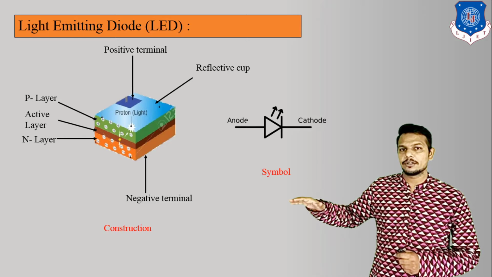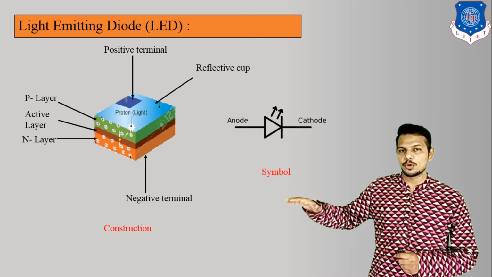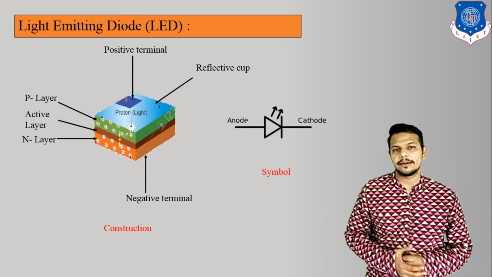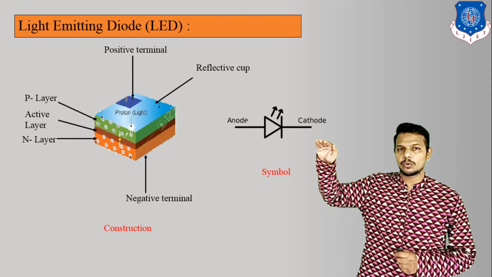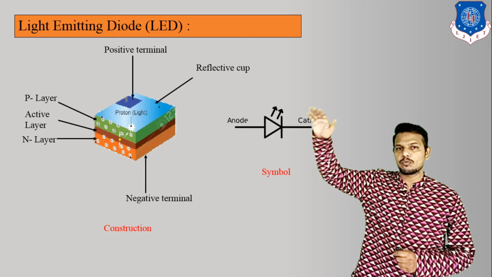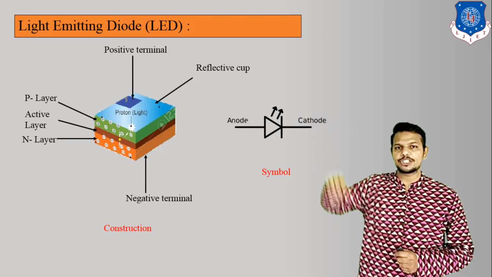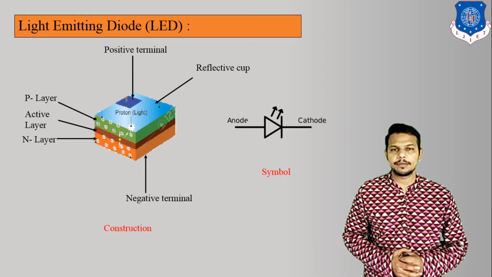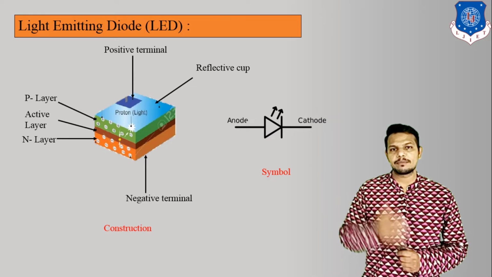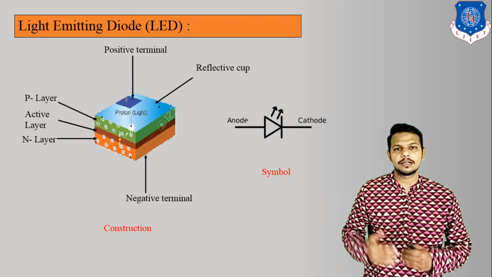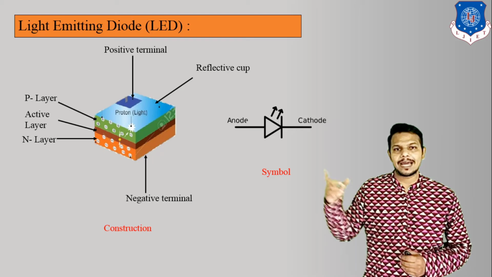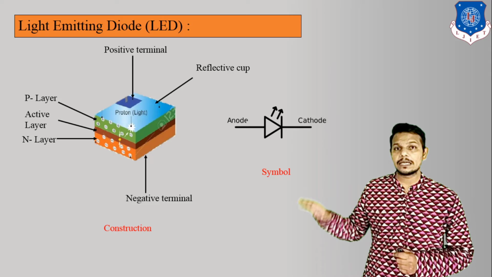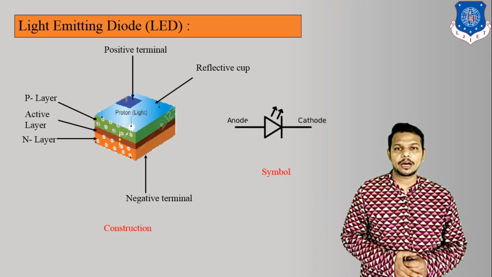Then there is a region known as the active layer, and below it is the N layer. Above this reflective cap, a blue area indicates the positive terminal, and below is the negative terminal. If we connect the positive and negative terminals to a battery, light is emitted from this reflective cap. So this is the construction of a light emitting diode.